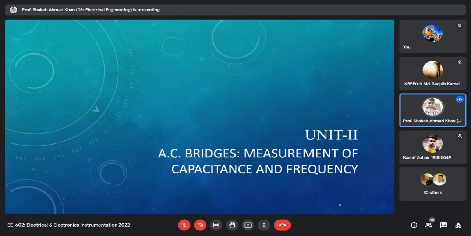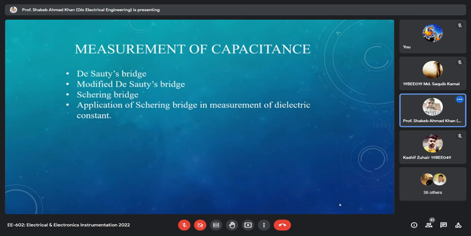The way there are a set of bridges for measurement of inductance, there are a set of bridges for measurement of capacitance also. So now these bridges will be discussed in measurement of capacitance. I'm starting with the De Sauty's bridge.